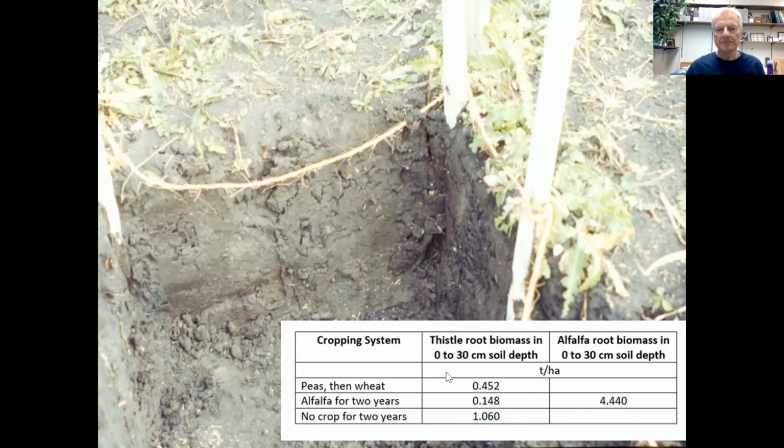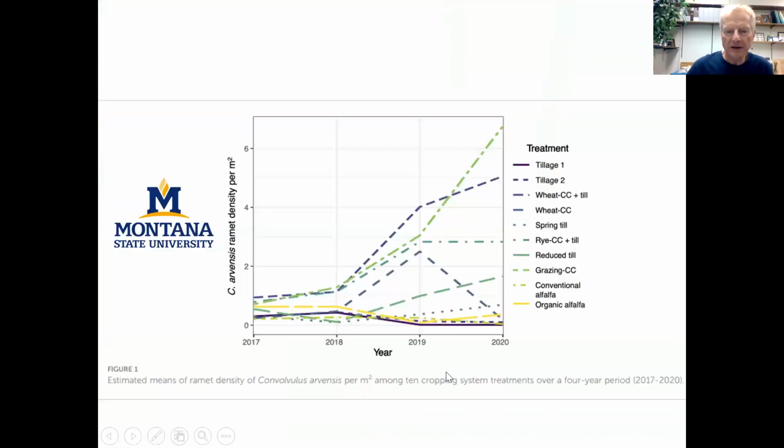So tons per hectare. And this has been confirmed by other organic researchers. Here's work of Pat Carr and colleagues at Montana State University, and they looked at different ways of controlling thistle. And here we have organic alfalfa, 2017. You can see the yellow line.